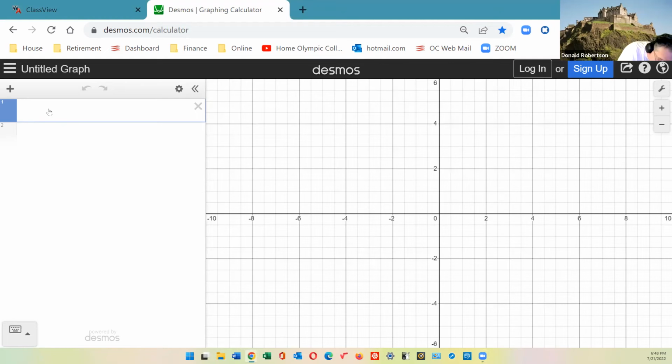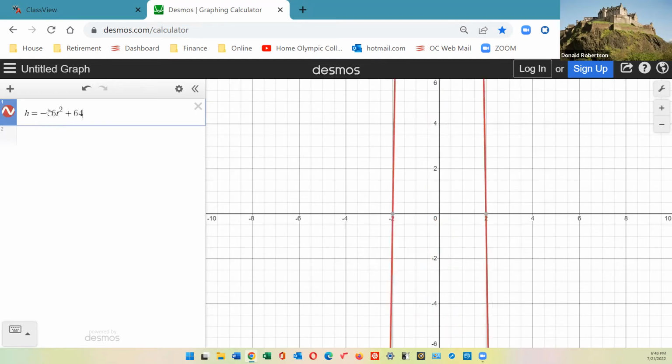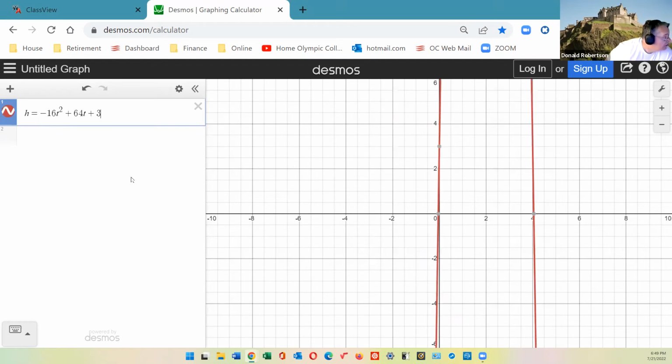So we're going to type in h equals the original, so that's negative 16t squared plus 64t plus 3. And then I'm going to type in the height is 63.